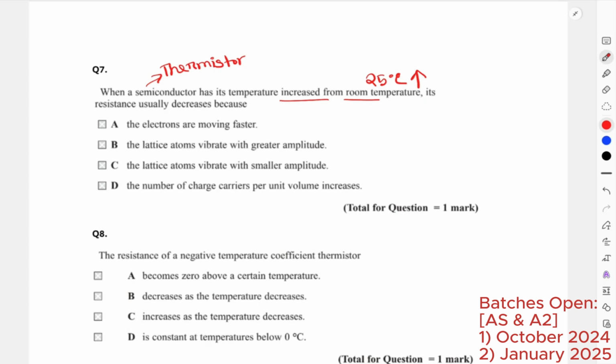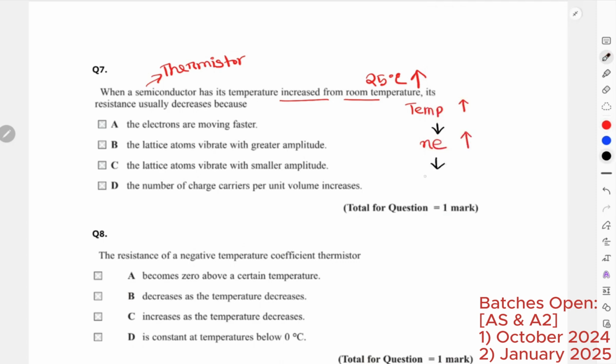So if the number of charge carriers per unit volume increases, this is how I'm going to connect this entire concept. When temperature increases, this leads to the number of charge carriers per unit volume, which is basically n, also increasing.